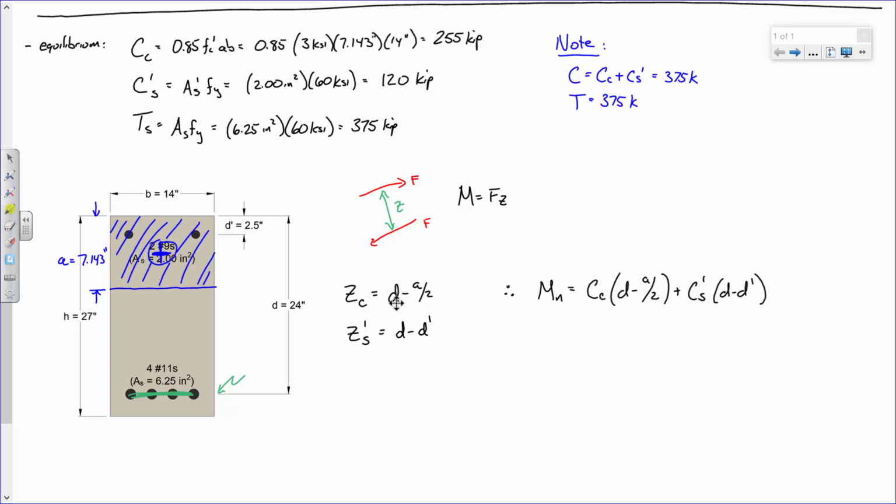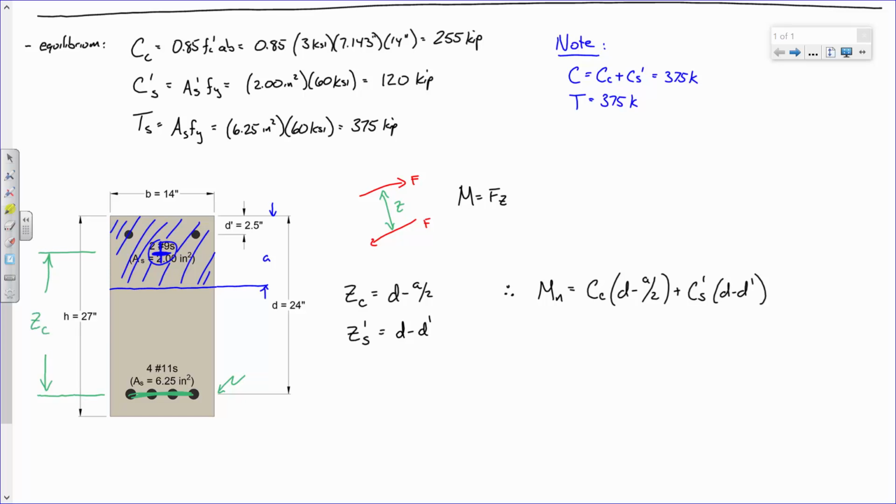Let me see if I can erase this a bit. So this dimension here, that's a, right?